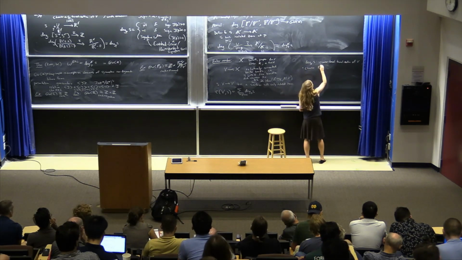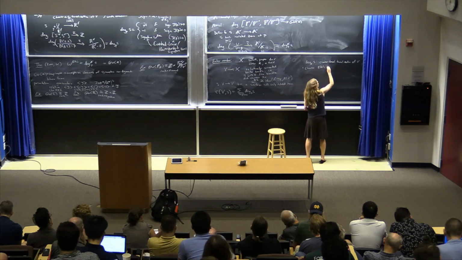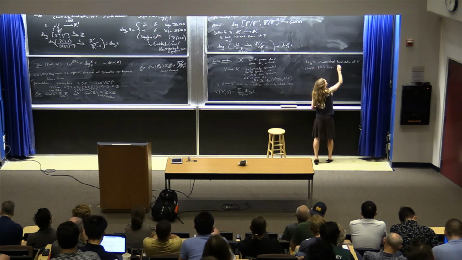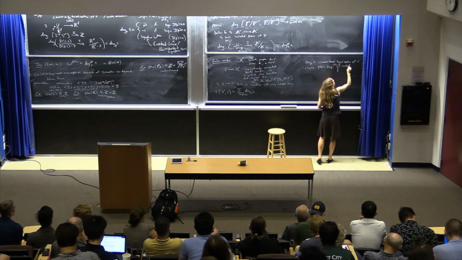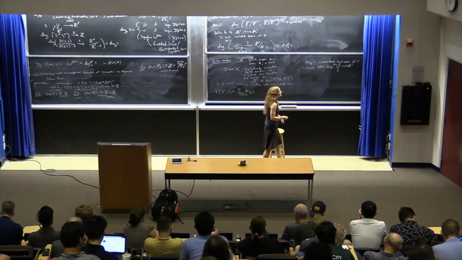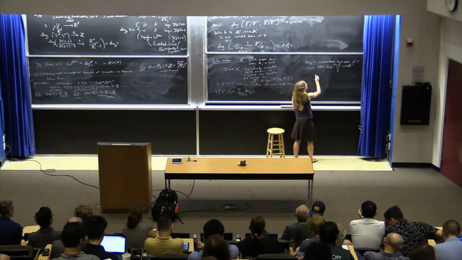Let's choose an étale map, or étale coordinates, from U containing P in X to A^r. And we want this to be an isomorphism on residue fields.